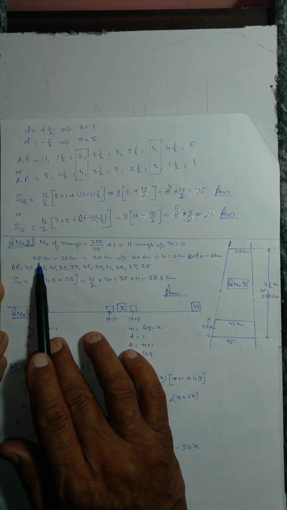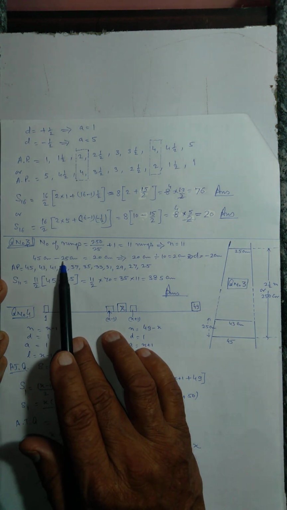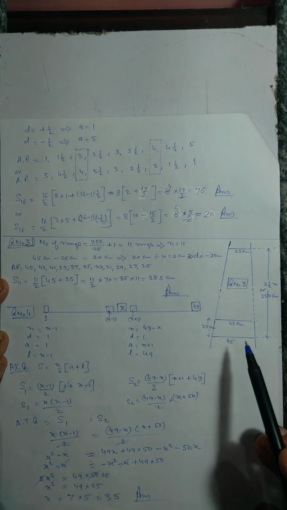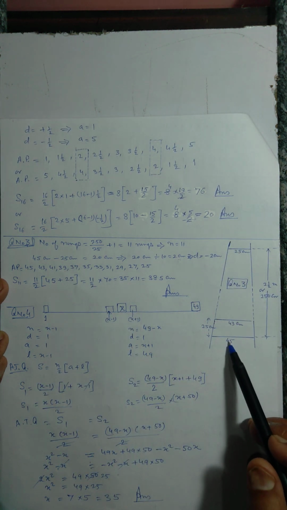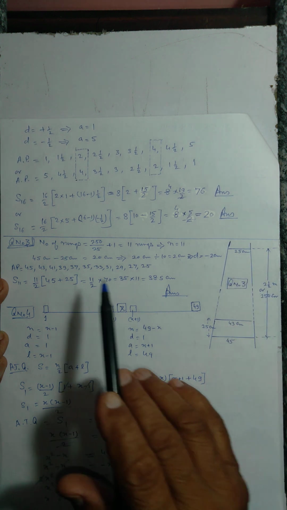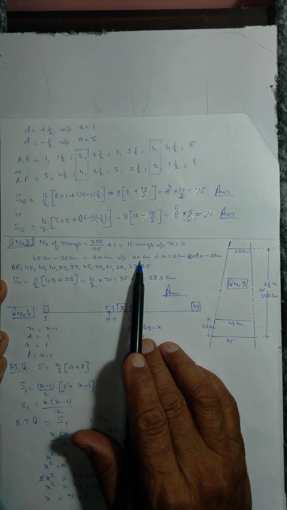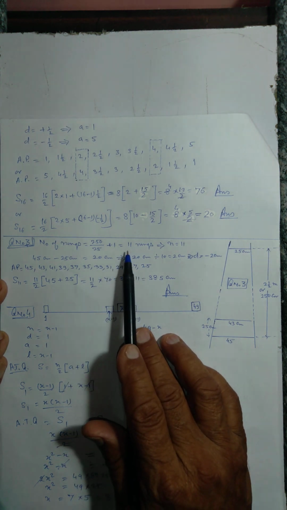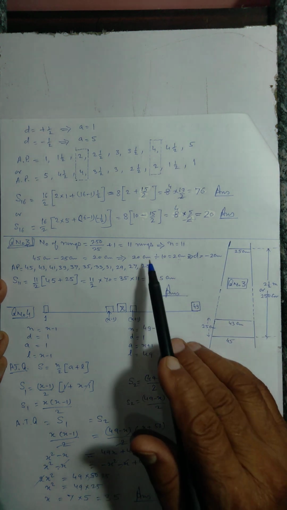Here you see 45 centimeter minus 25 centimeter, the difference between the length of the bottom rung and top rung, is equal to 20 centimeters. Now there are 10 rungs to be fixed here.